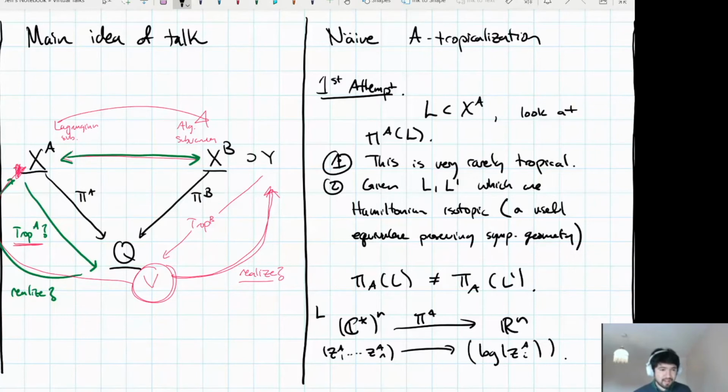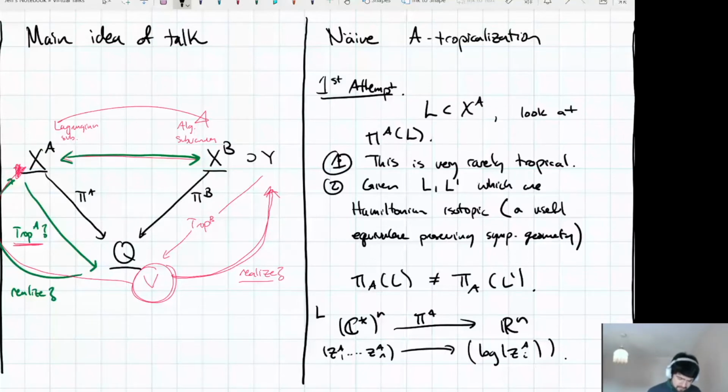It very rarely produces tropical things, and under the type of equivalence between Lagrangian submanifolds which preserves symplectic geometry, you get different tropicalizations of the same object. So the central problem over here is that symplectic geometry is very flexible. I can take a Lagrangian submanifold and find a whole bunch of other Lagrangian submanifolds which are close by to it, which are supposed to be exactly the same. So on first glance, the rigidity that allows you to maybe expect a relationship between algebraic geometry and tropical geometry simply doesn't exist on the symplectic geometry side.